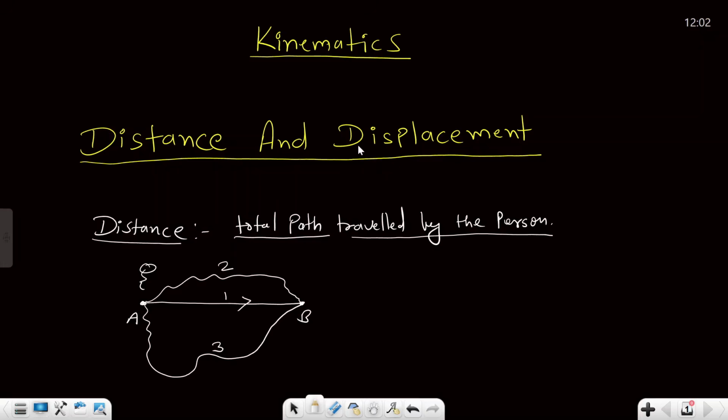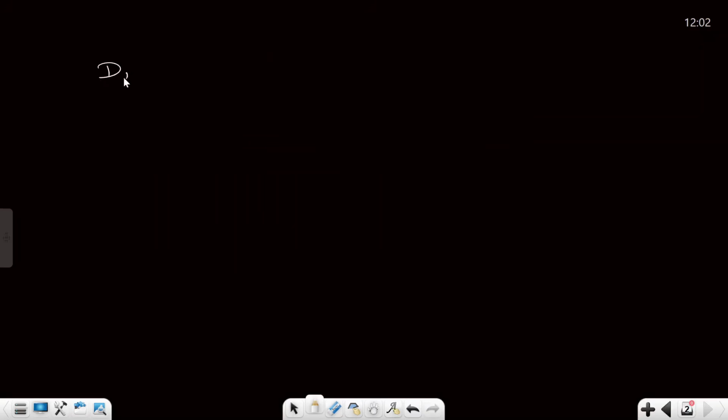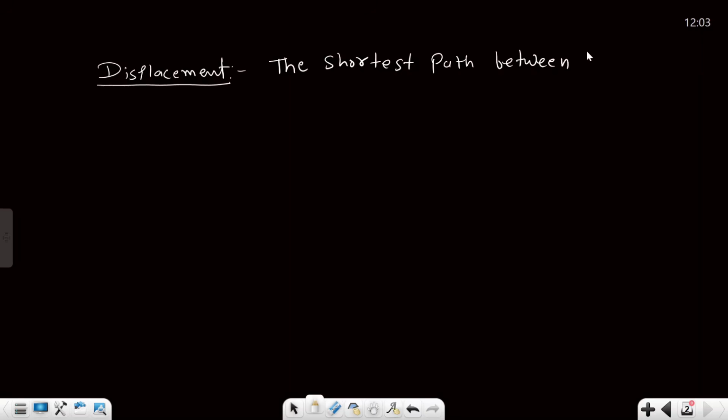And if we talk about displacement, what will the displacement be? Displacement is simply the shortest path between 2 points.